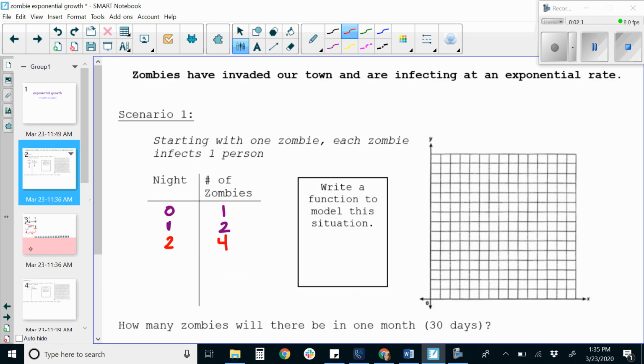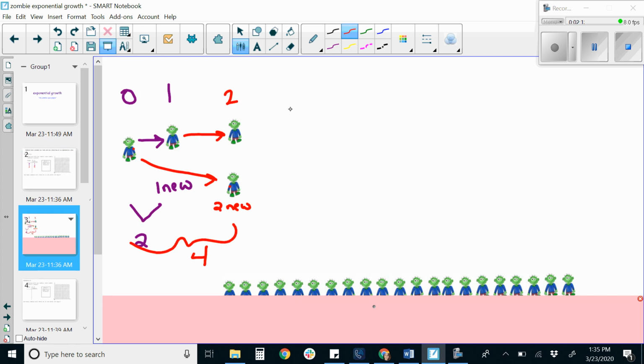All right, so let's keep going. Night 3. Each of these 4 zombies is going to infect another person. He's going to infect a person. He's going to infect a person. And he is going to infect a person.